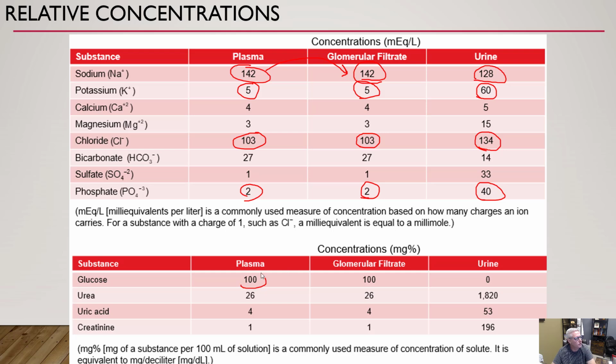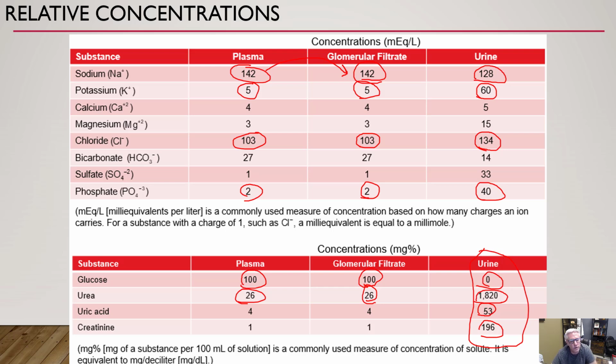Now, here we do not see glucose in the urine. Here you can see your urea, uric acid, and creatinine. So these are going to be the concentrations in your urine. You're not going to have to memorize these numbers.